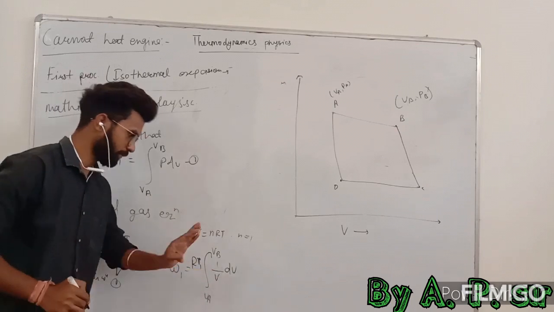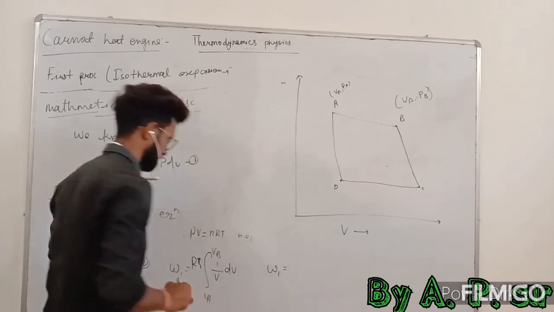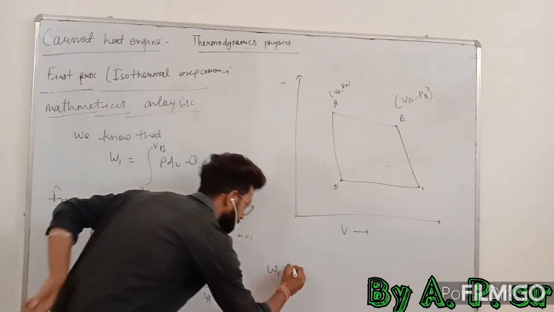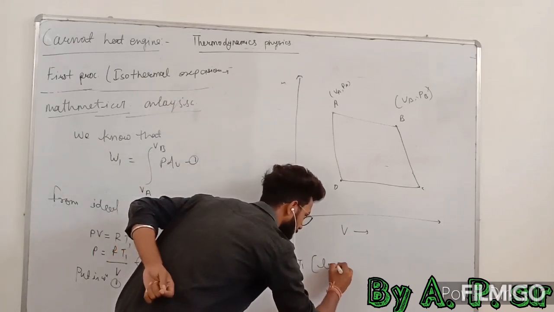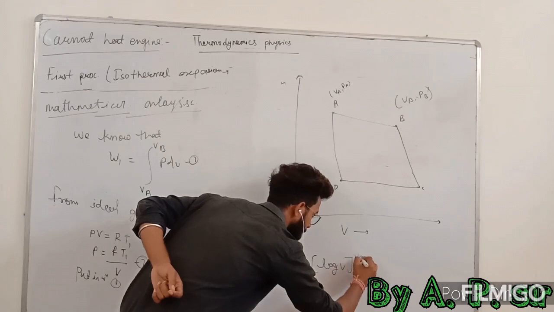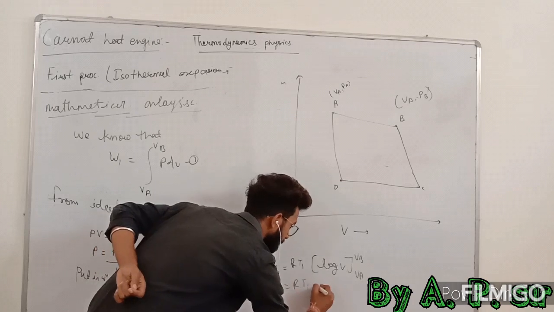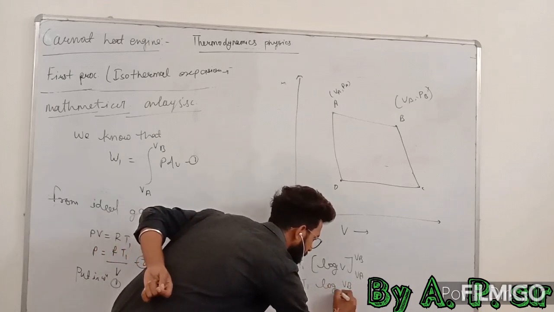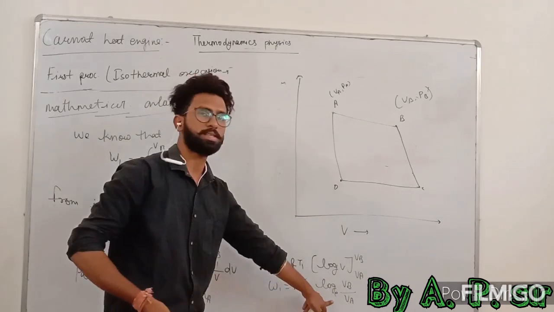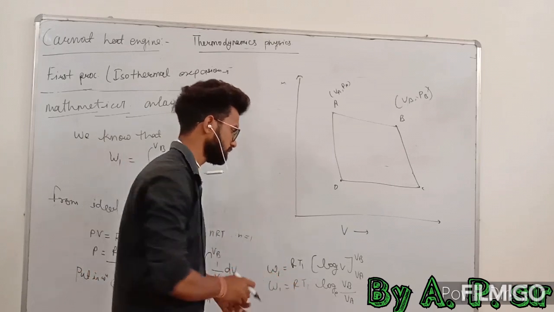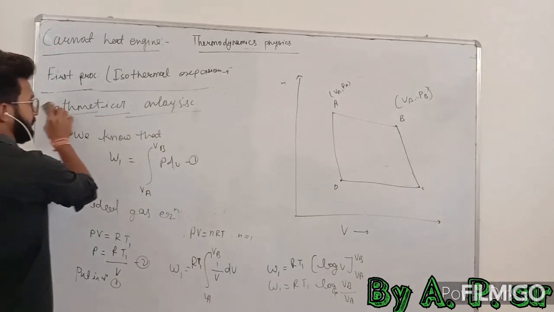The integration of 1 upon V is log V, from VA to VB, and this gives RT1 log VB upon VA. This is in the log e form. Then we convert it into log 10 form.